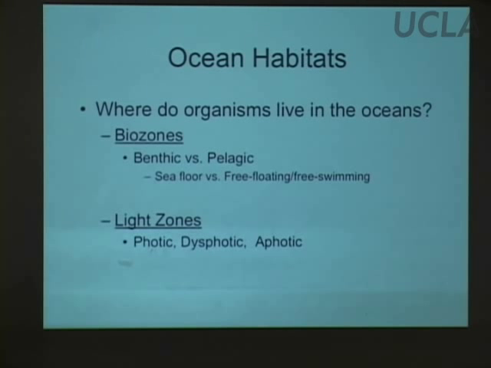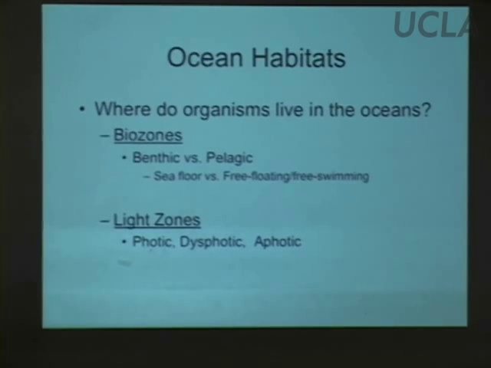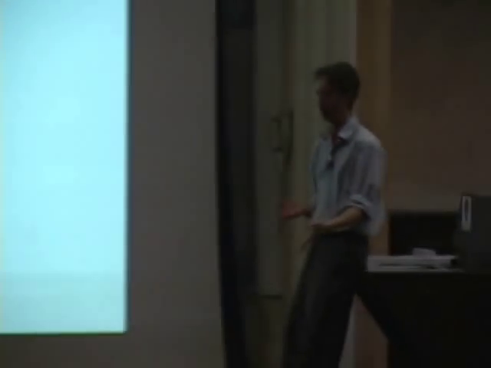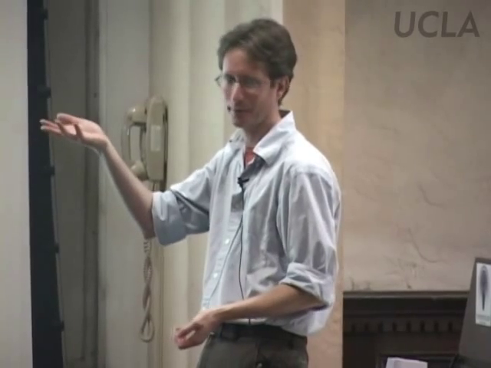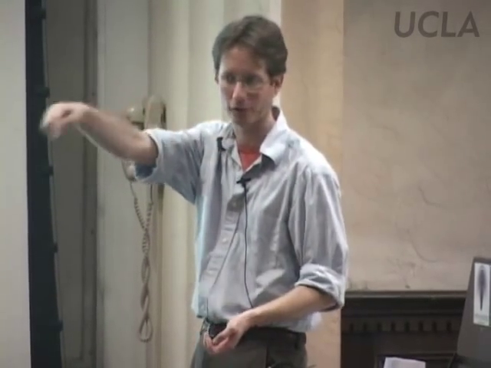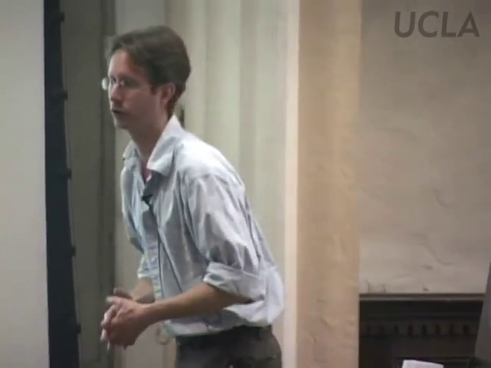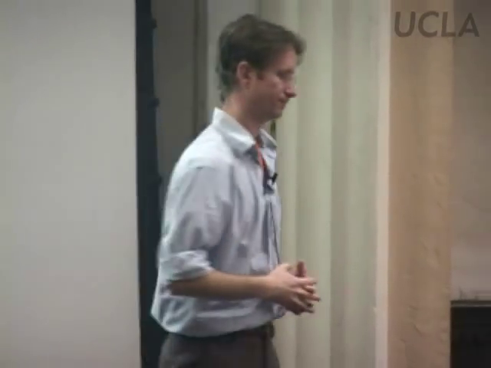Those would be organisms that spend most of their time up in the water, surrounded by water, not at the very bottom. Organisms that are benthic may rest on the bottom, or they may swim along the bottom. Among pelagic organisms, there's a fundamental division between the organisms that just drift around and the organisms that actually swim, that actually determine their position in the water.